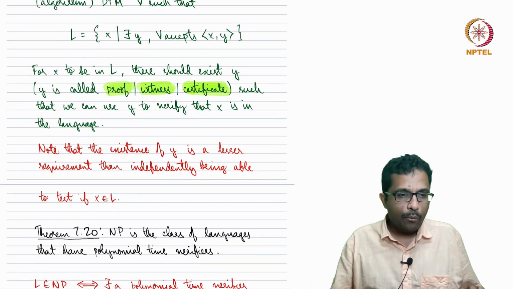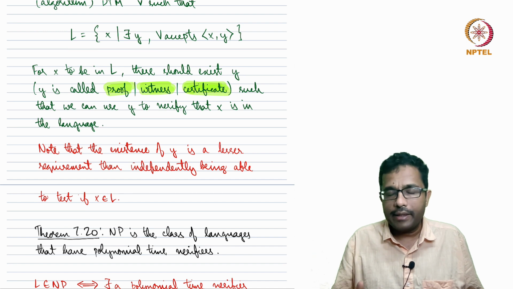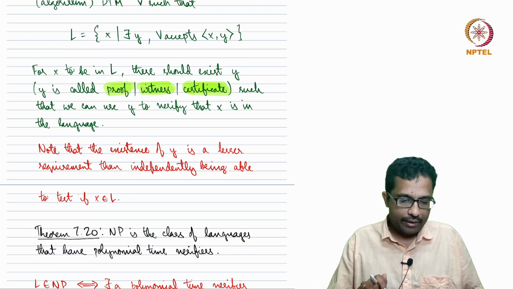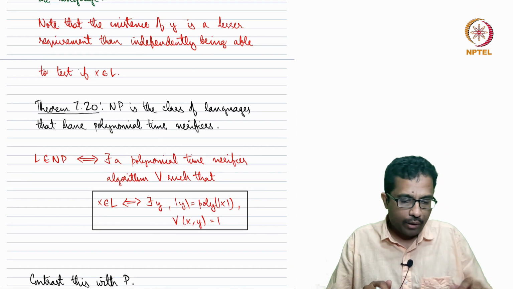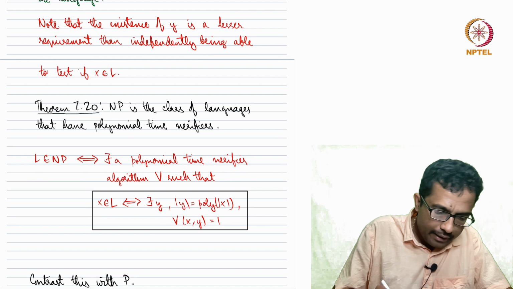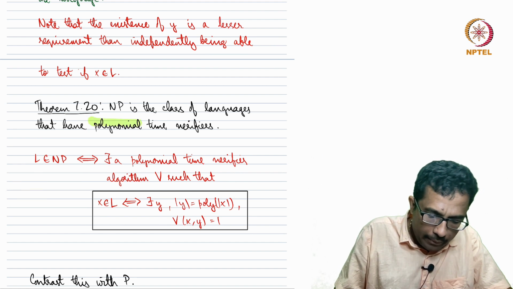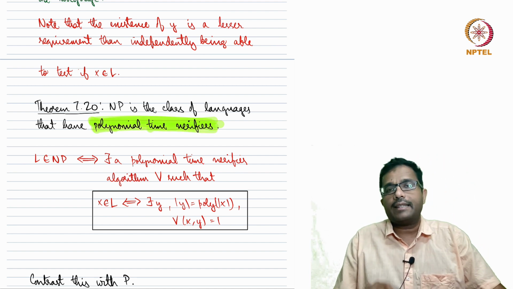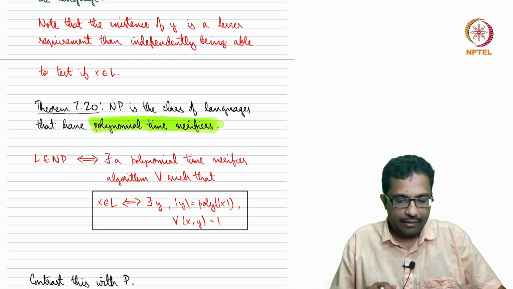So y is a proof or witness or certificate that helps us determine that x is in the language, right? And what is NP? NP is the class of languages that have polynomial time verifiers, right? So this is the characterization of NP using the guess and verify model.